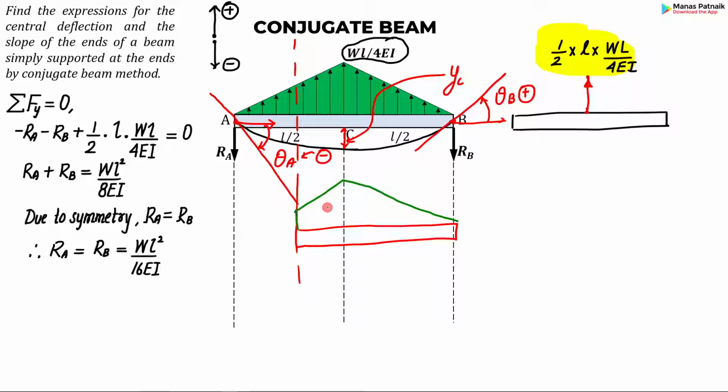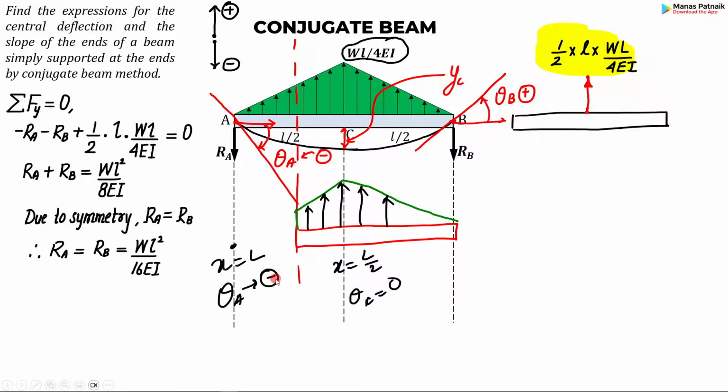This is how it would look. Obviously, the arrows will be in the upward direction. Just try to do it. I'm sure when you apply x is equal to L by 2, slope is going to be 0. And when you apply x is equal to L, there is going to be some value of slope, right? Slope at A, and it is going to be a negative value.